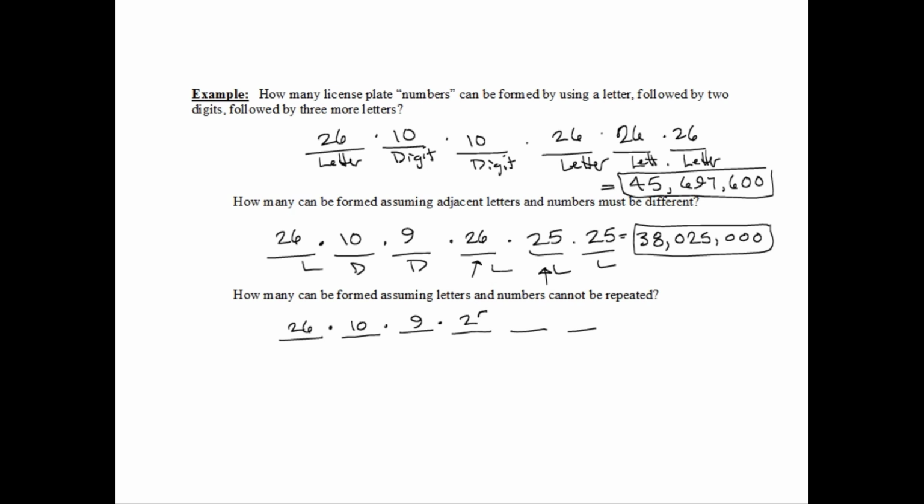So there are only 25. Next slot, we cannot use either of the two letters that are chosen previously, so that means we only have 24. For the last slot, 3 letters are not allowed because they've already been used, and so that only leaves us with 23 possibilities. And so this will cut down on the total from our previous examples, and this is what we get.